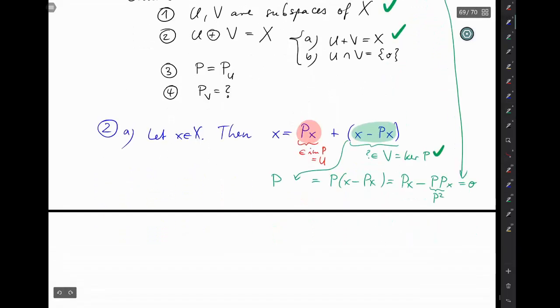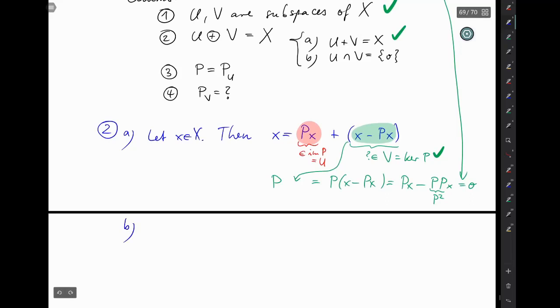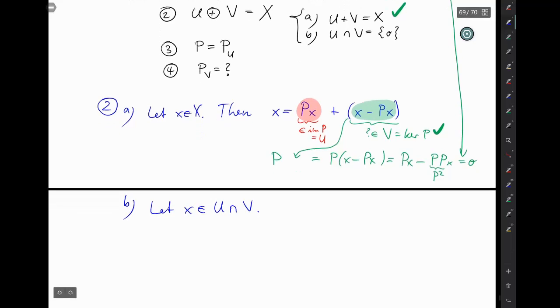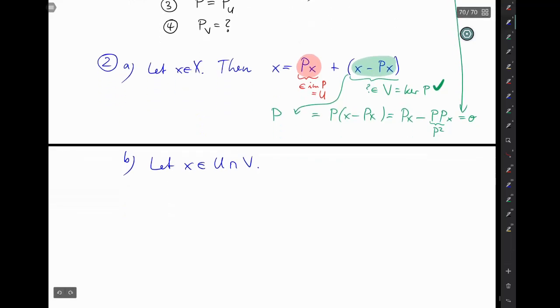For 2b, we have to take an element from the intersection of U and V, and we have to show that this can only be the 0 vector. Okay, well, let's start by exploiting the statement that x is in U, which, if you remember correctly, is just the image of P. Well, if x is in the image of P, x can be written as P of something.